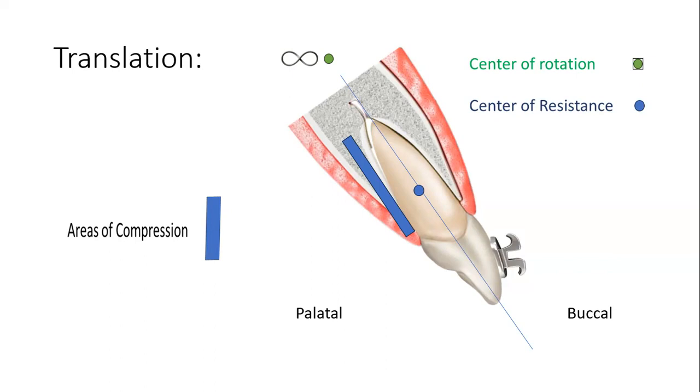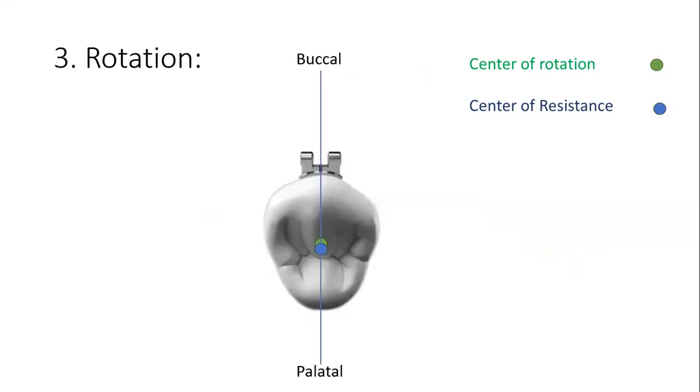So the force required will be double that of the tipping movement, as the areas of compression are much greater. It's around double the tipping movement. It is 70 to 120 grams of force that is required for this type of movement.